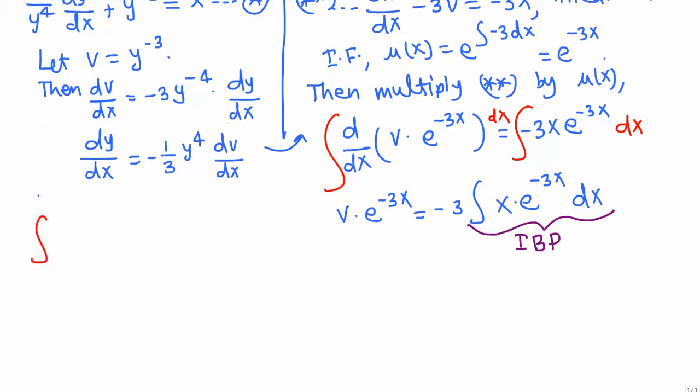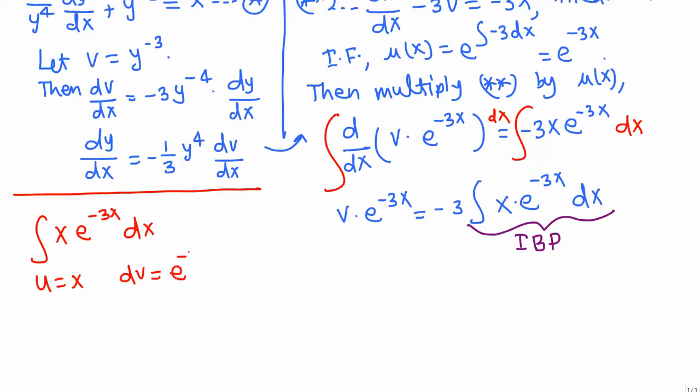So we have the integral of x times e to the negative 3x dx. Let u be x and dv the remaining e to the negative 3x dx. So du is the derivative of x, 1 dx, and v is the antiderivative of the exponential, which is itself, but we need to divide by this factor negative 3.